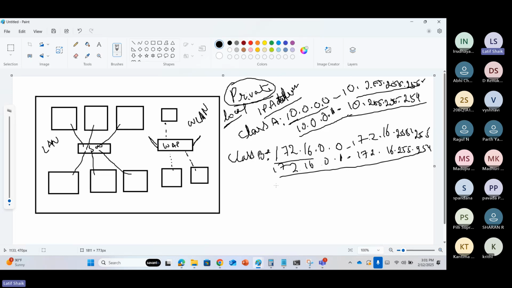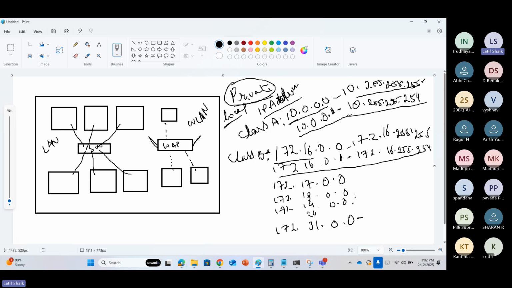Not only this one, there are many. The 172.17 network is given, 172.18 network for private use, 172.19 for private use, and like that 19, 20, 21 up to 172.31, which is the last one.